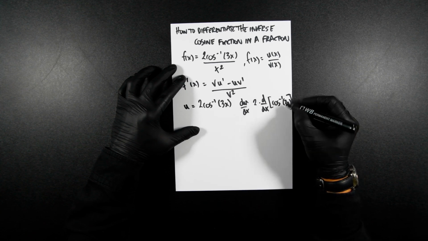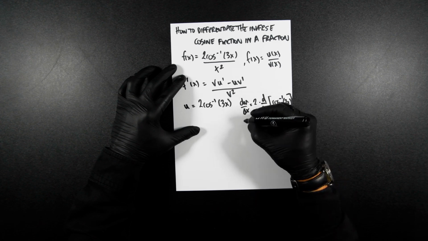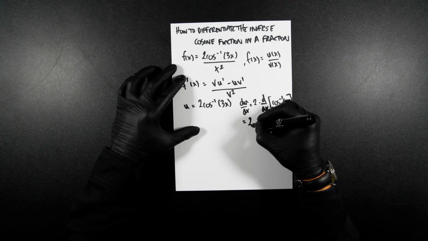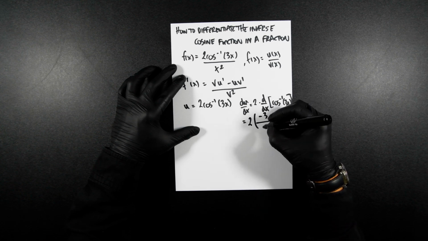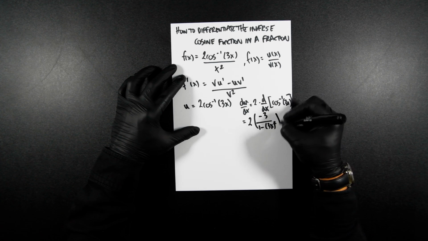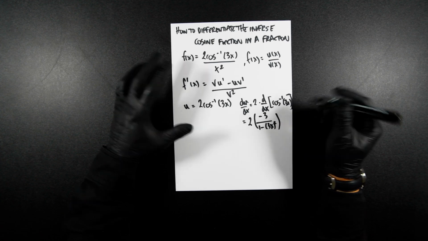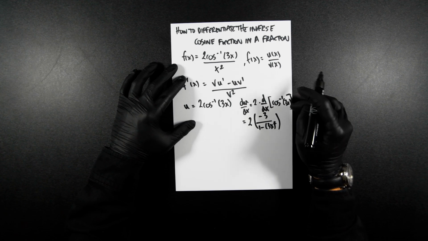So we know that this differentiated is going to be 2 multiplied by minus 3 over the square root of 1 minus (3x) all squared. You want to know how we got from that to that? I've got a whole video on differentiating just the inverse of cos x.